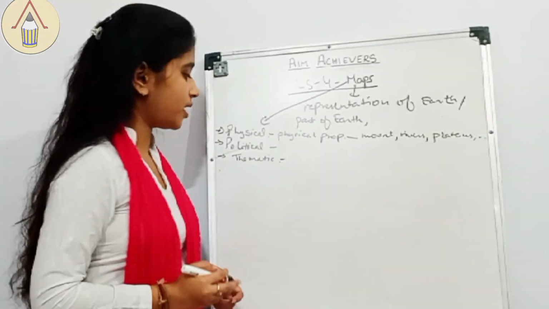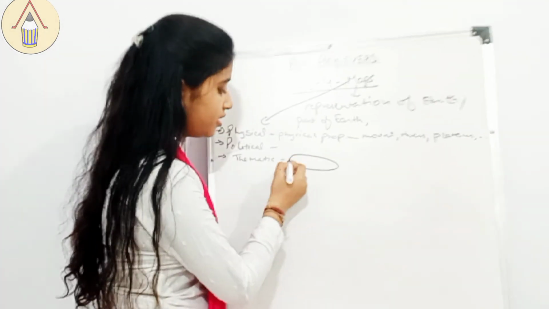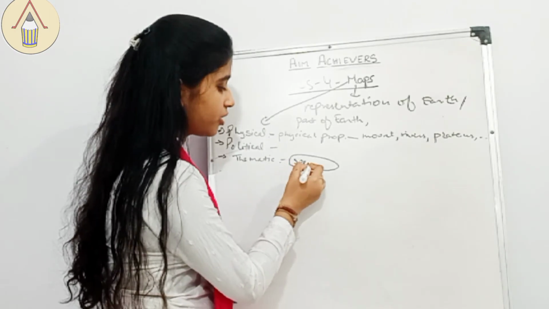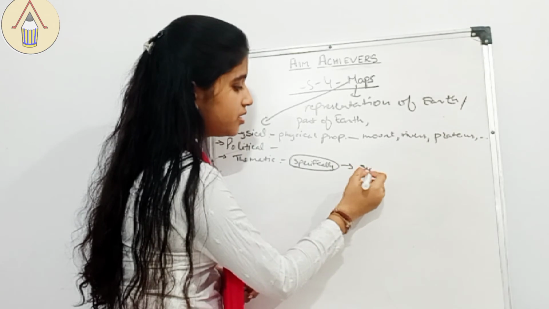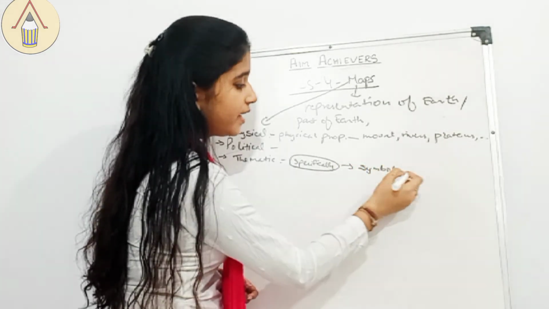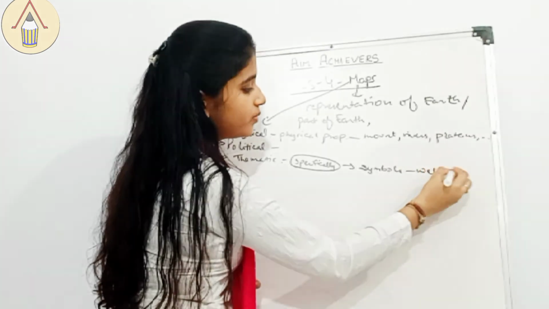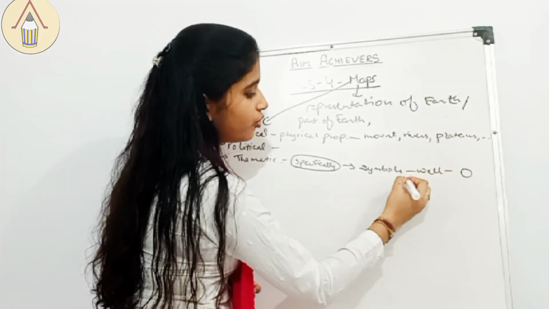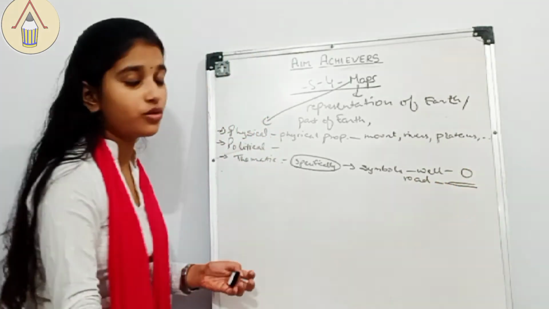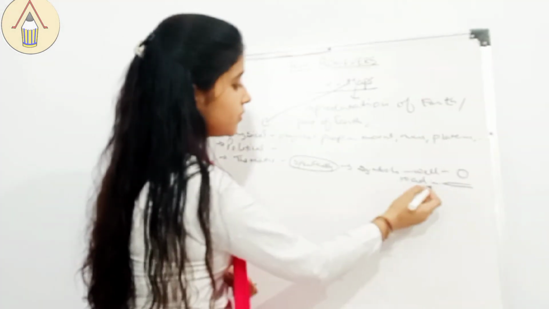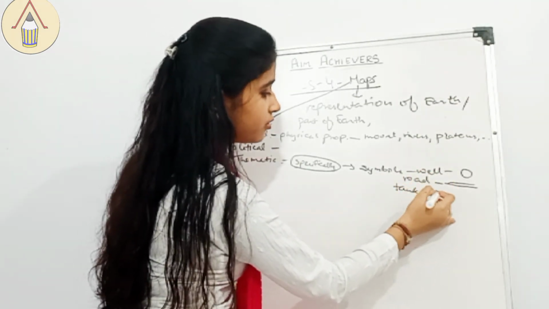Now a thematic map usually takes an area into consideration, specifically talking about the symbols representing the area's features, like a well symbol is something like this, a road you can find as this, and then you can see well, road, tank, river.